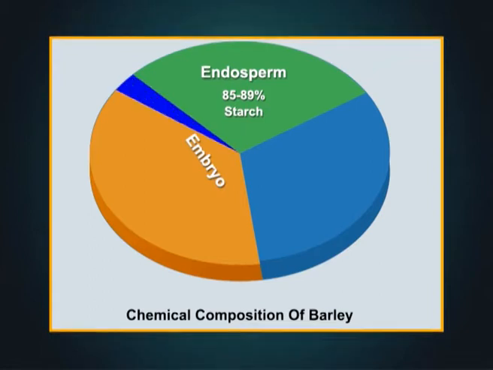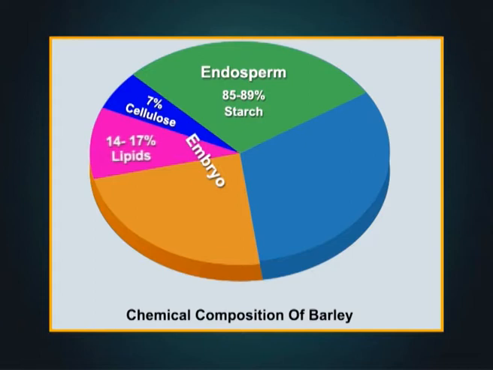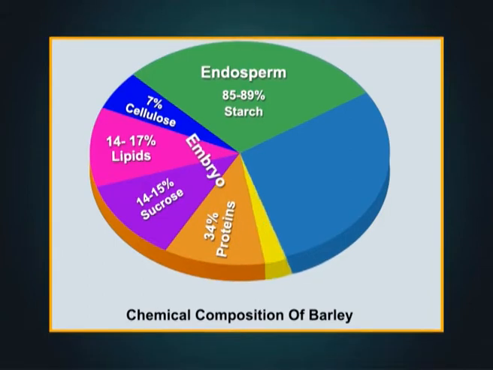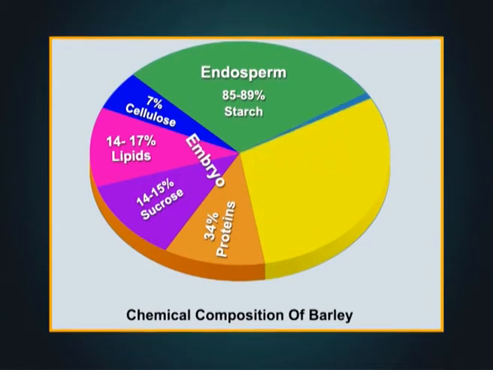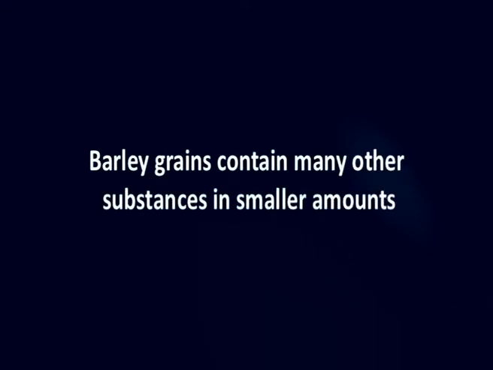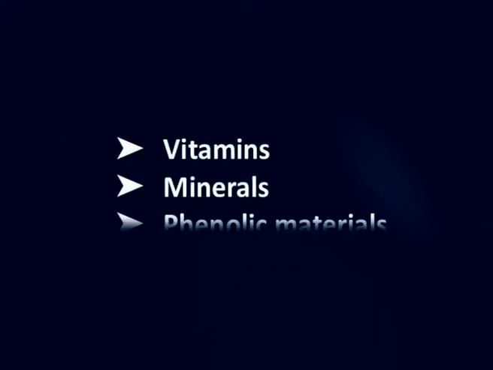The embryo consists of about 7% cellulose, 14 to 17% lipids, 14 to 15% sucrose and 34% proteins. Barley grains contain many other substances in smaller amounts, including a range of vitamins, minerals, and phenolic materials.